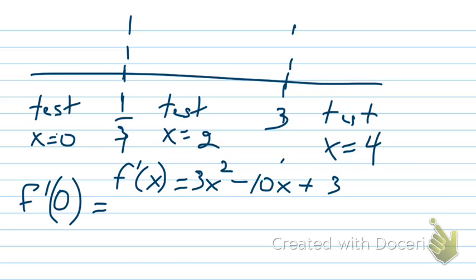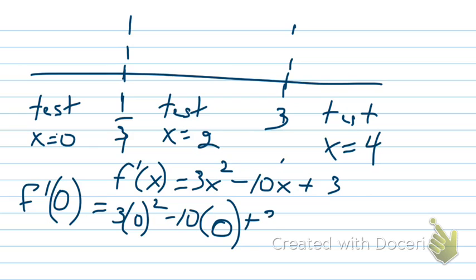So if we plug a 0 in there, we've got nothing, nothing, and we've got 3. What that means is that when we test a value like 0, we end up getting a positive. And since it's positive, we know that the graph is going up there.